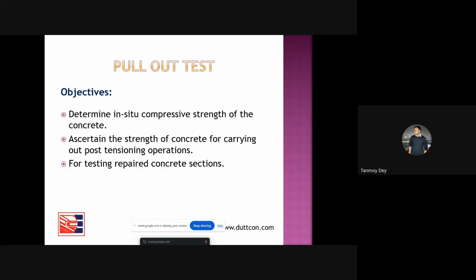After giving a proper setting time, this rod is getting embedded with the structure. Then through a weight, we are trying to pull that pierced iron rod. Whatever rod we have pierced, we are trying to pull it out. We are going on increasing the pressure, monitored through a pressure gauge.